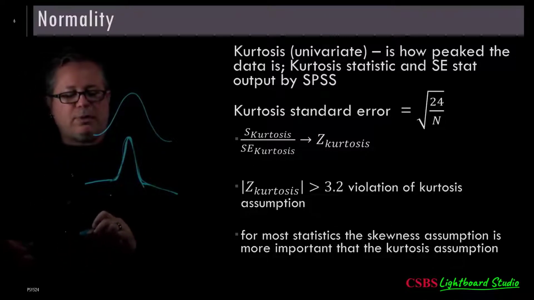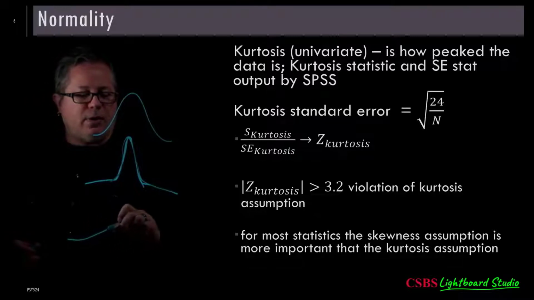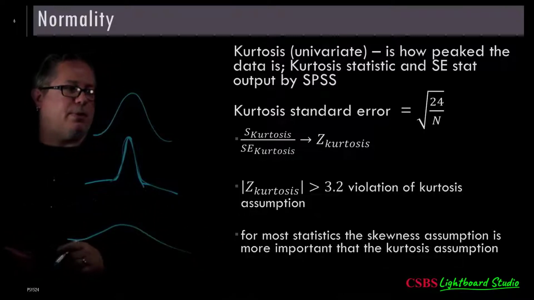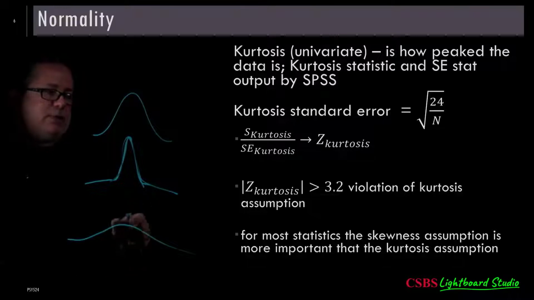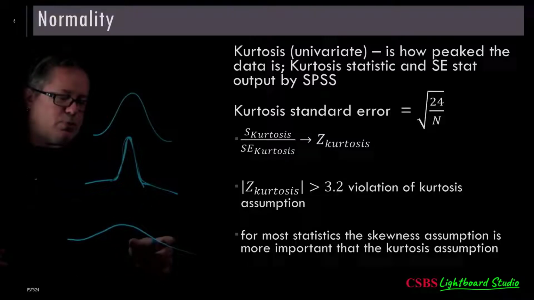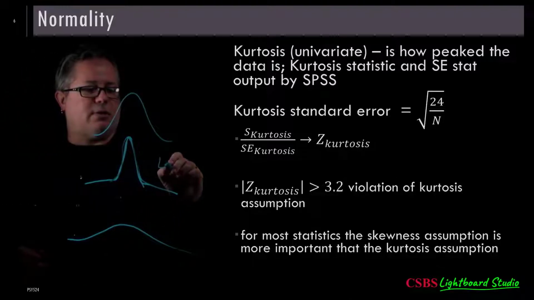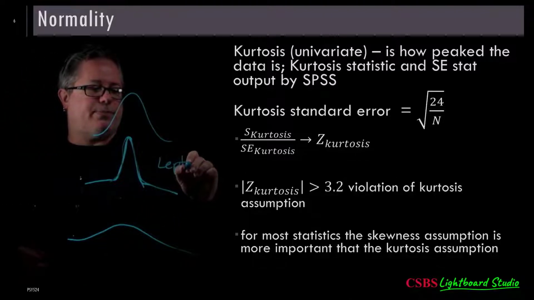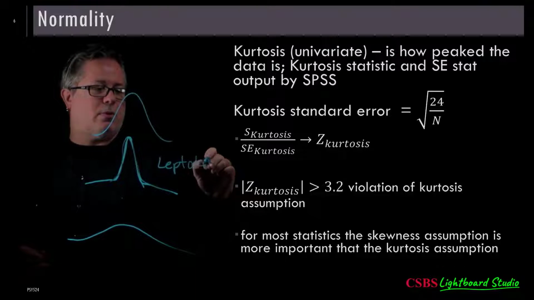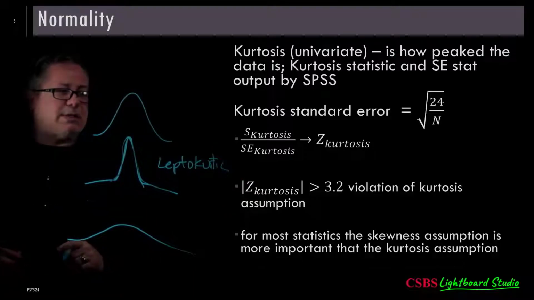Or you can have something called platykurtic, where there's barely any central tendency at all, right? There's much more spread. There's not a whole lot of central tendency. So this is leptokurtic. We've also seen it as leptokurtotic.